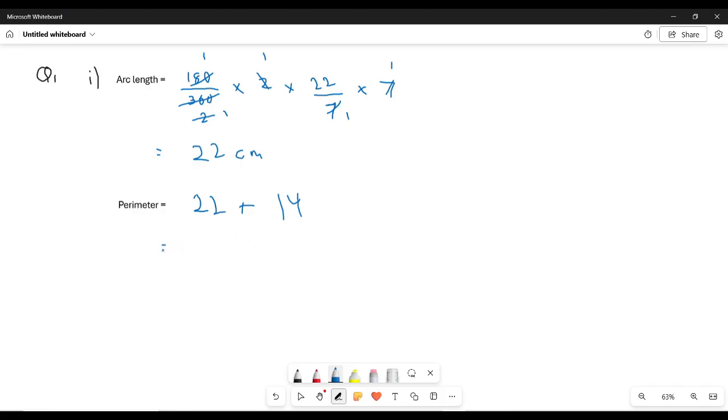So what will be our answer here? It's going to be 36 centimeter. Right. So this is the answer for question number 1, first part.